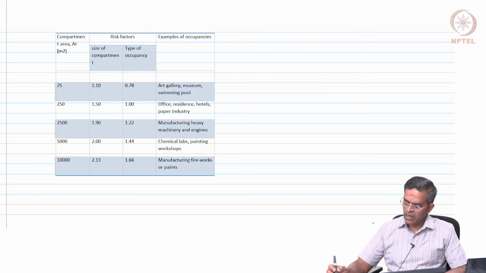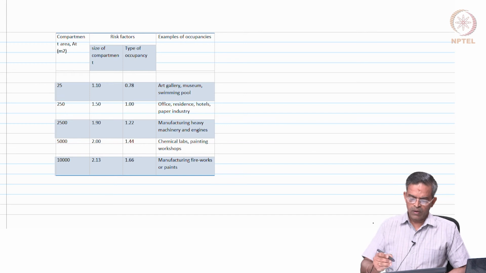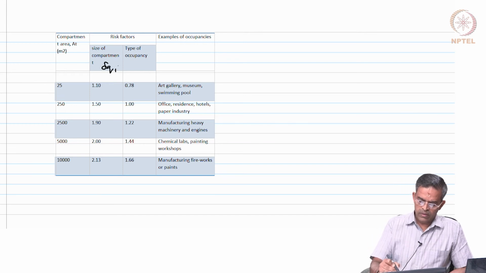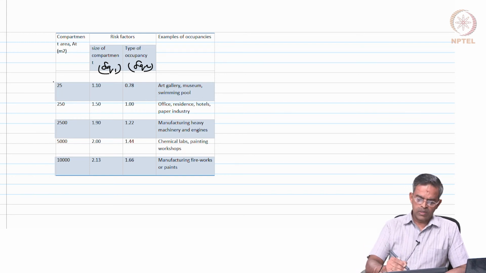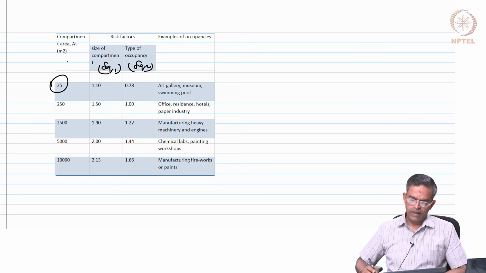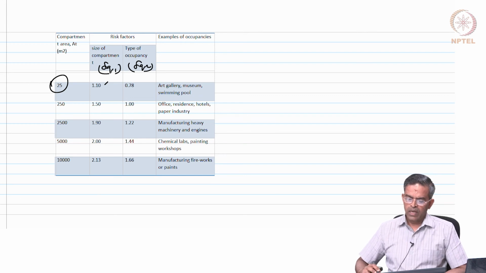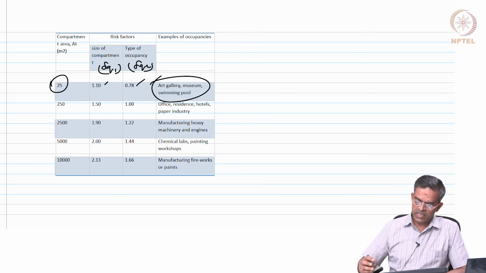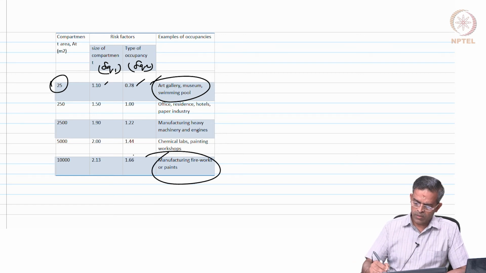Now, the other factors del Q1 and del Q2 are given here depending upon the type of occupancy and the size and shape. If the compartment area is about 25 square meters, del Q1 is about 1.1, and for art gallery, museum, etc., it's 0.78, whereas manufacturing fireworks is about 1.66.